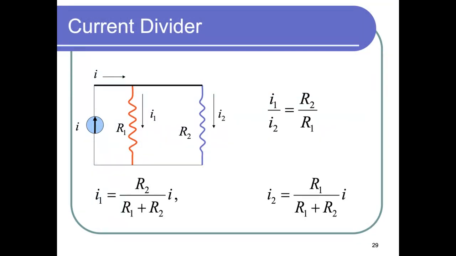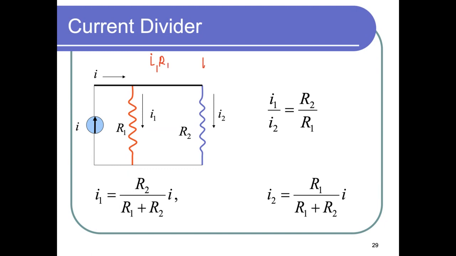So what is the voltage here? If I want the voltage on R1, then it is I1 multiplied by R1.